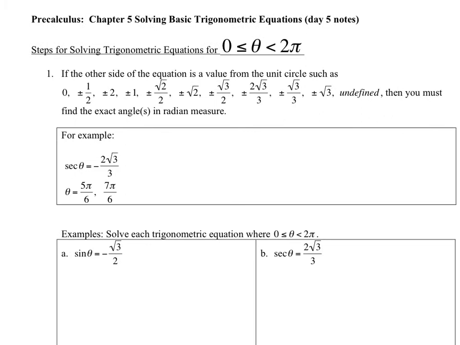Okay, so we're doing day 5. We are going to talk about solving trig functions. We've done some simplifying, some verifying, some proving, and now we're going to do some solving.